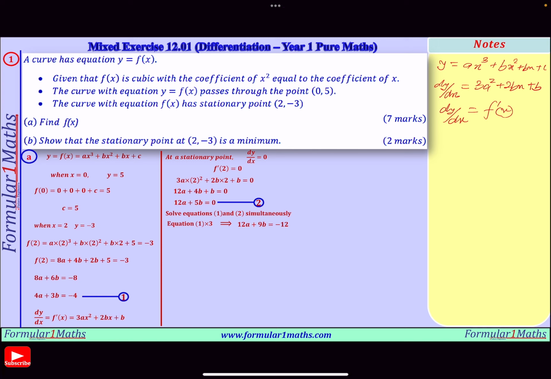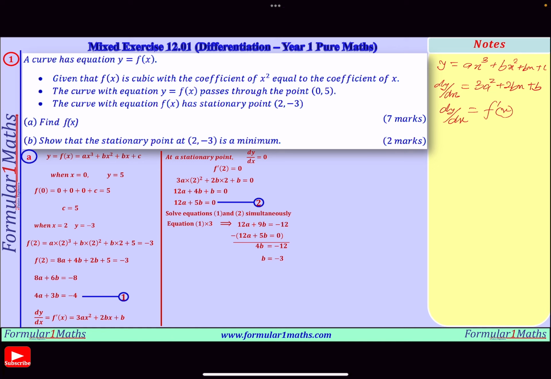I'll then subtract equation 2 from this equation. 9b minus 5b gives 4b, and -12 minus 0 gives -12. So we get 4b is equal to -12. Solve for b, and you get -3.